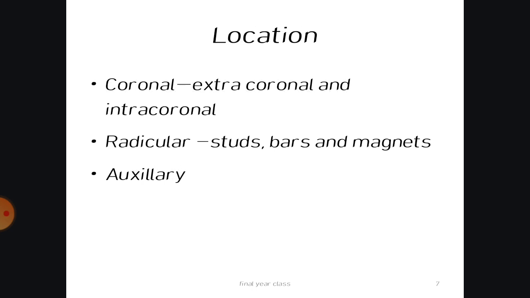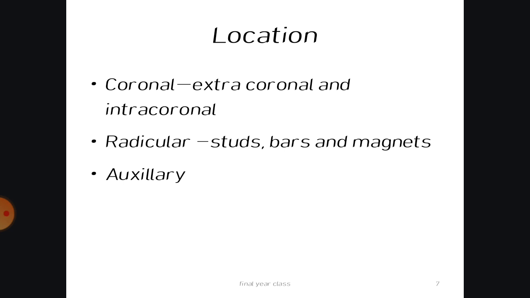So the next classification was location. Based on the location, you can have extracoronal and intracoronal. Then you can have attachments on the radicular part of the tooth, wherein you have stud attachments, bar attachments, or magnets, and you have auxiliary attachments, which are not present as part of the coronal or radicular tooth structure.